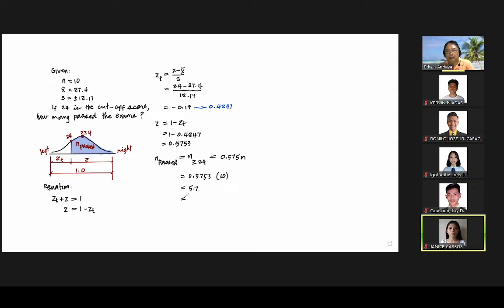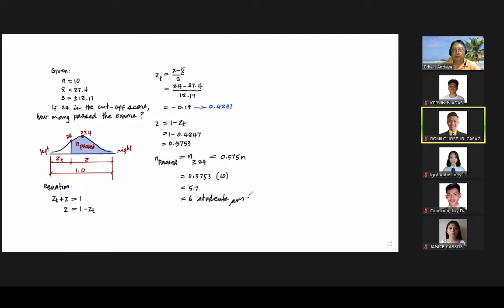There are 6 examinees. There are 6 students. Are you following?